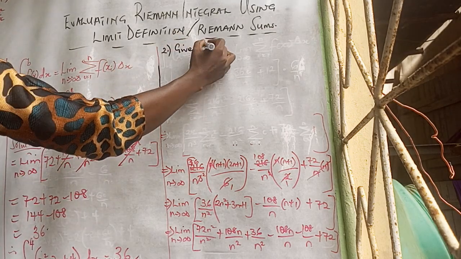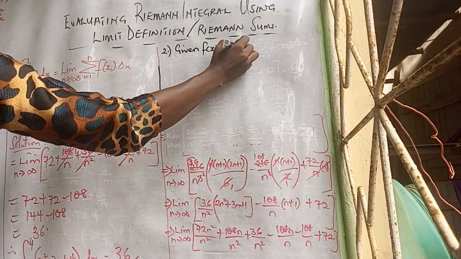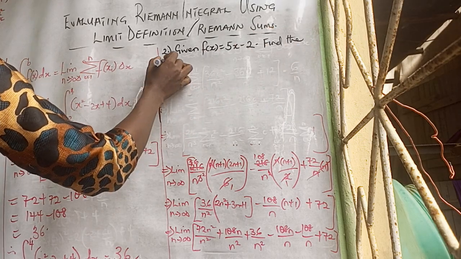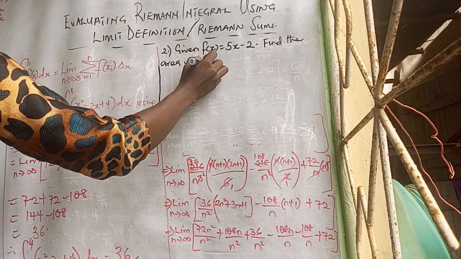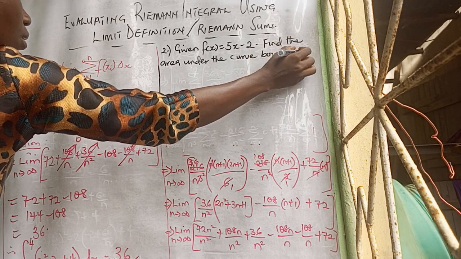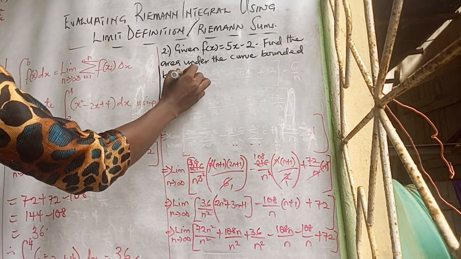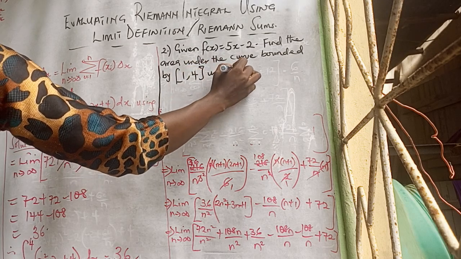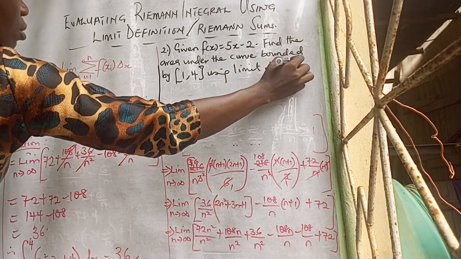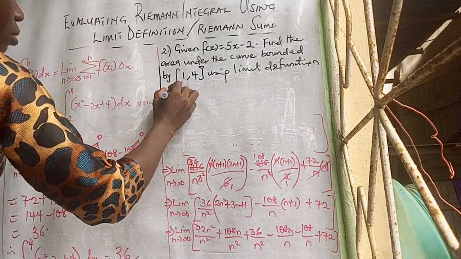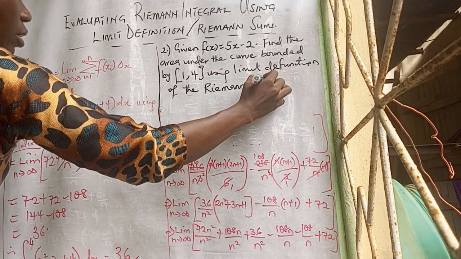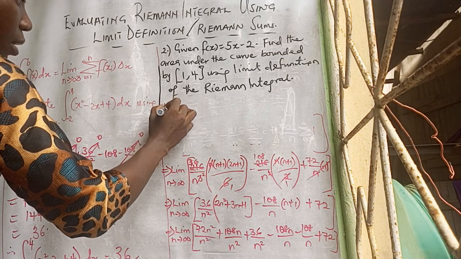Given f of x equals 5x minus 2, find the area under the curve bounded by the interval [1, 4] using the limit definition of the Riemann integral.